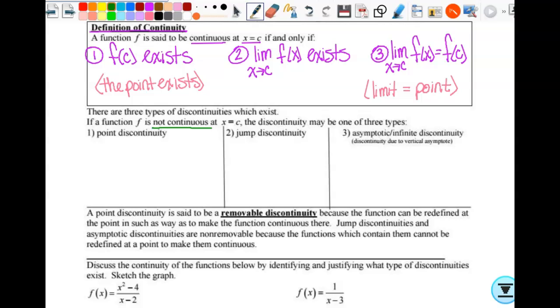The discontinuity may be one of 3 types. And so the point discontinuity, we're actually going to draw two different things here. So I could have something that looks like this, right? I could have something that looks like this.